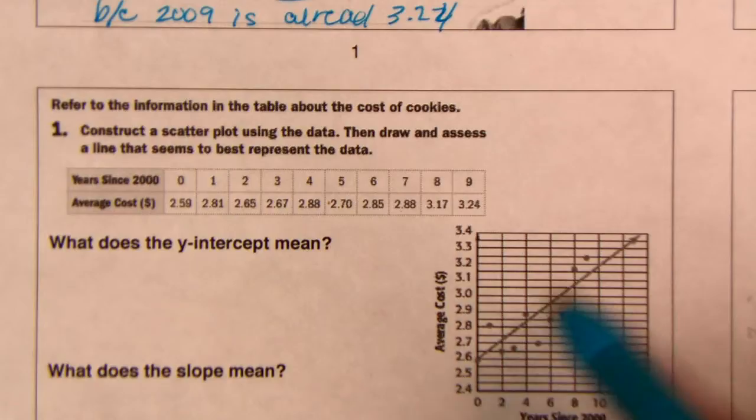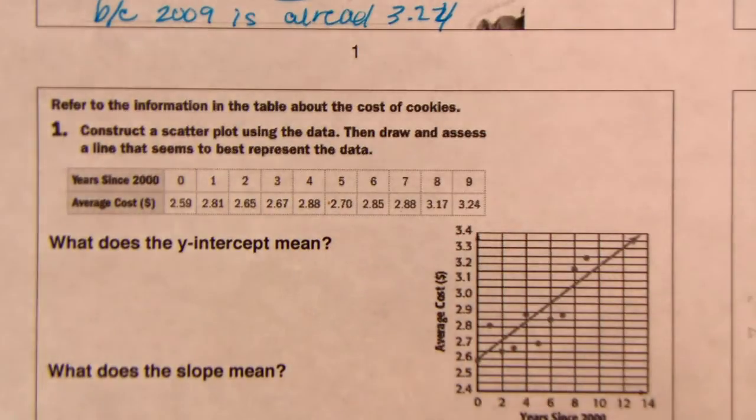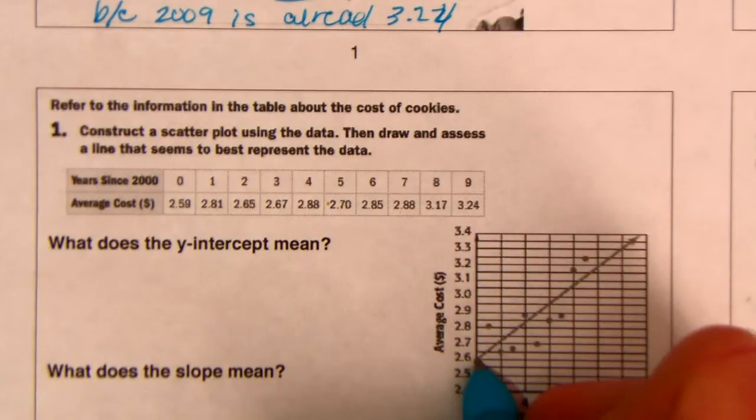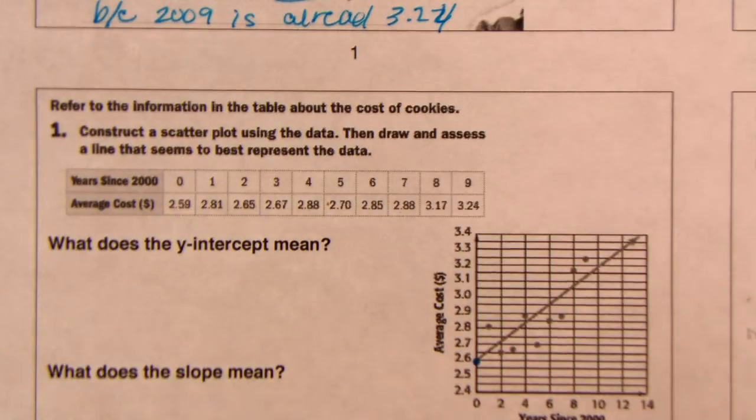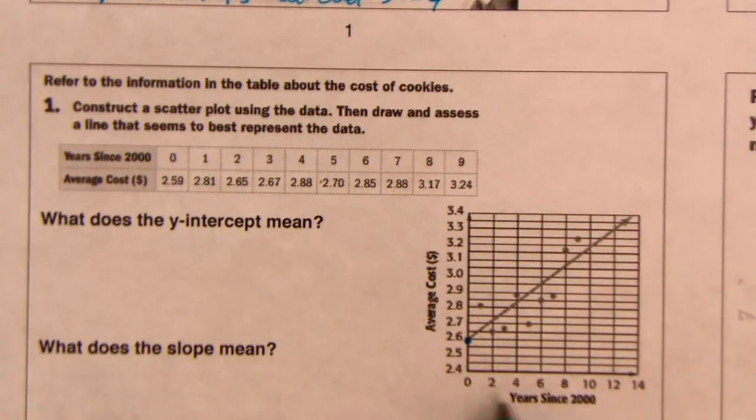Okay, so the y-intercept in this would be about $2.55 or $2.54, whatever. But what does that mean? What is that y-intercept? When we made the foldable, we talked about the y-intercept being the starting point. Well, more specifically in this case, it's the starting price in year 2000. So price in year 2000.